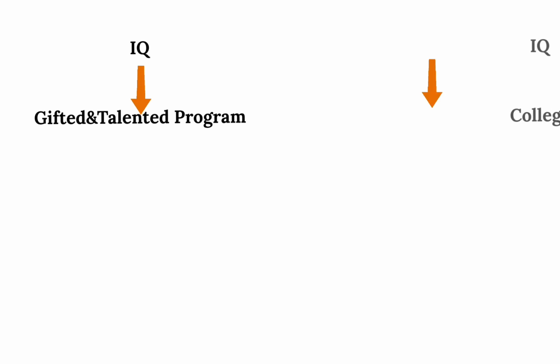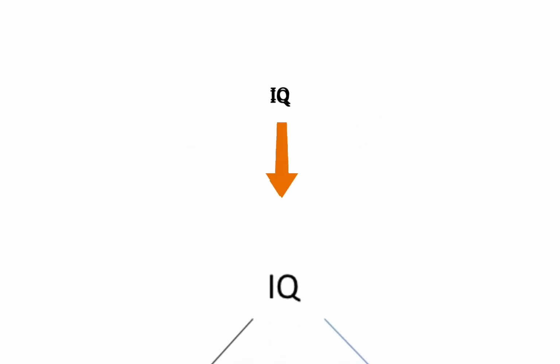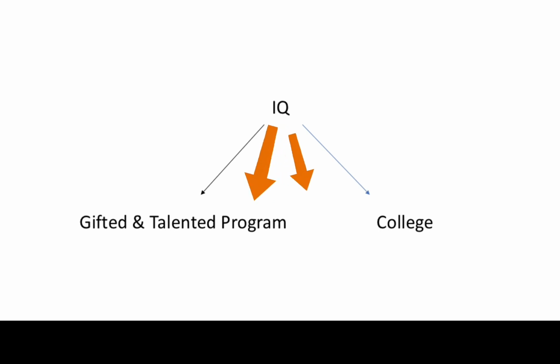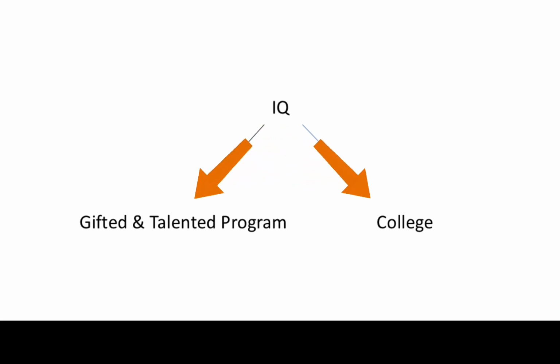If a higher IQ leads students to go into the gifted and talented program, and a higher IQ also leads to college attendance, then gifted and talented programs and college attendance will be correlated whether or not there is a causal relationship. So IQ then is the confounding variable.